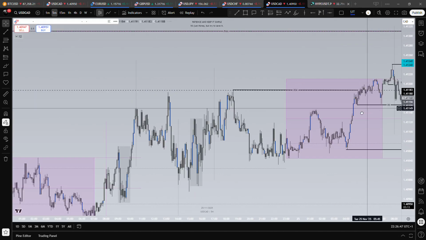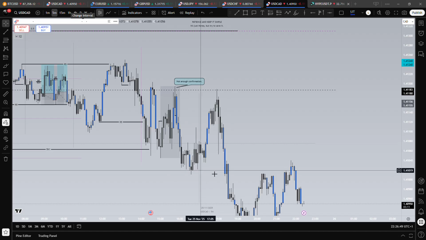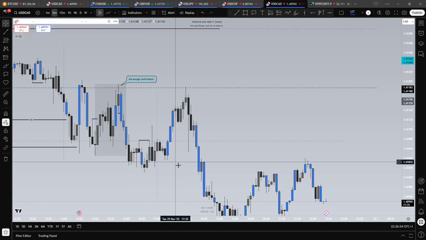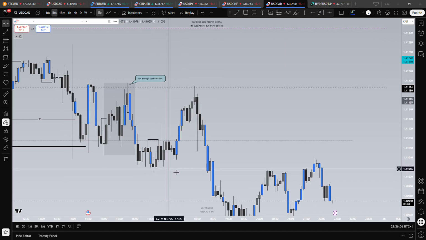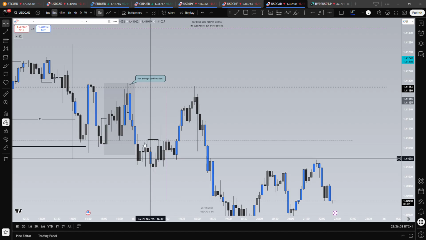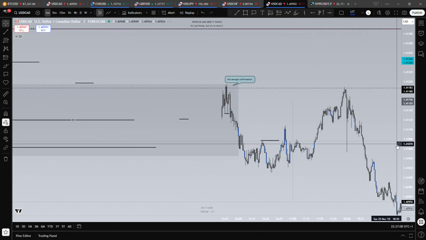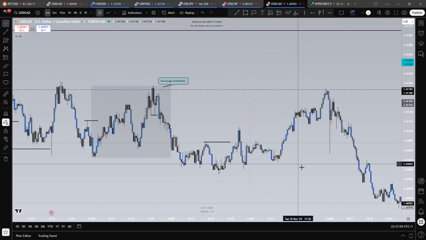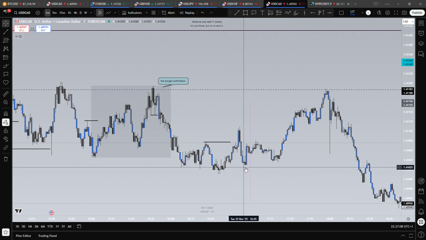So yeah, for me it's not an entry, but here we have the reaction. We take the low, and we have the break of structure here. This has a wick, so maybe, yeah, I remember this.